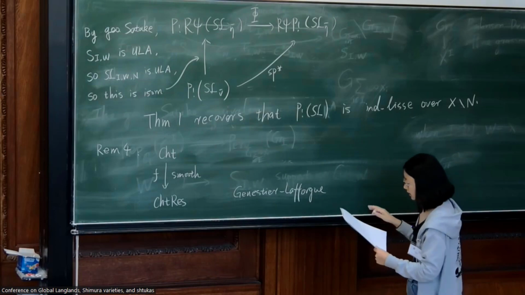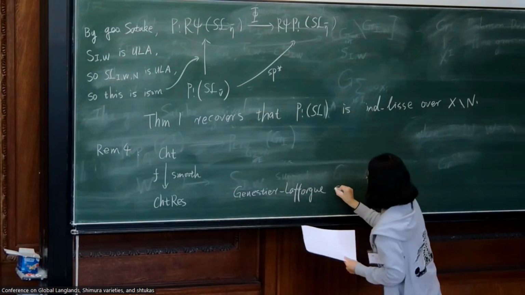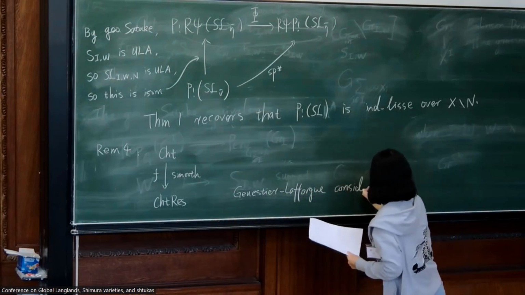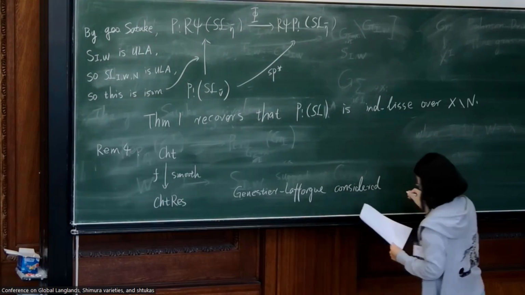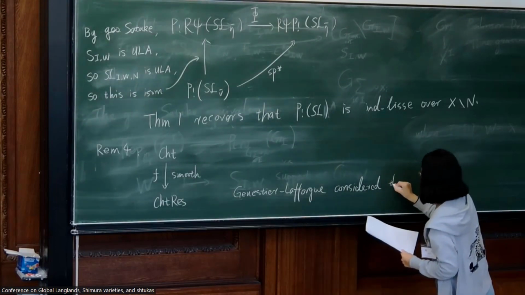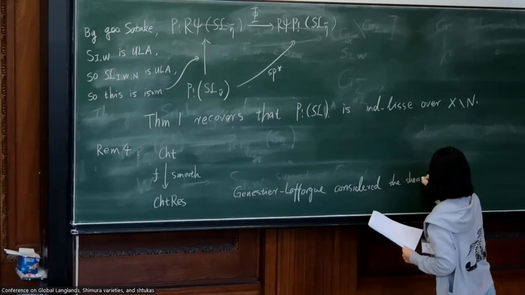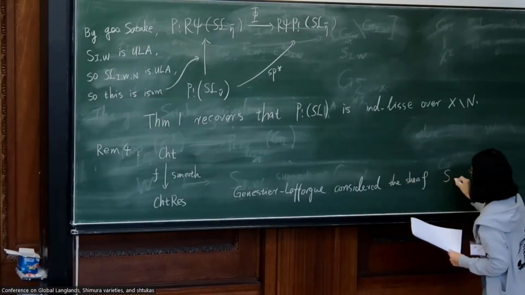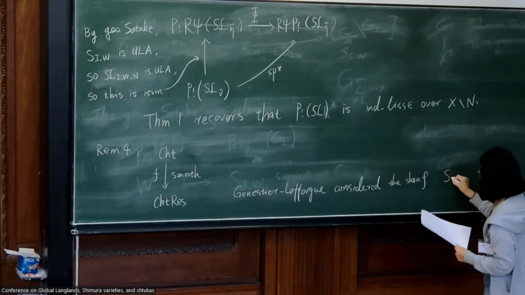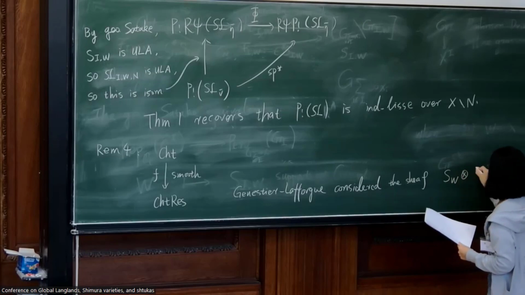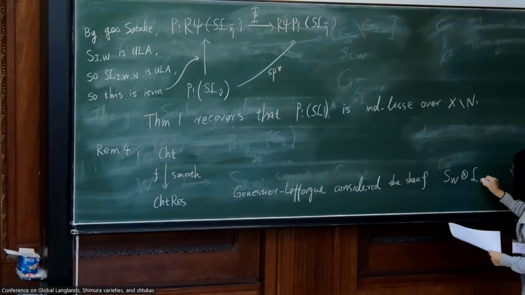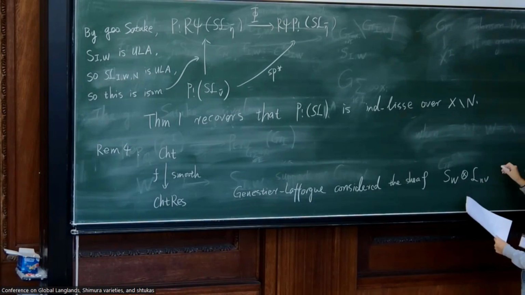In Lafforgue's paper, they considered a sheaf of this kind, which is the product of the Sadaka sheaf when some sheaf comes from level structure.